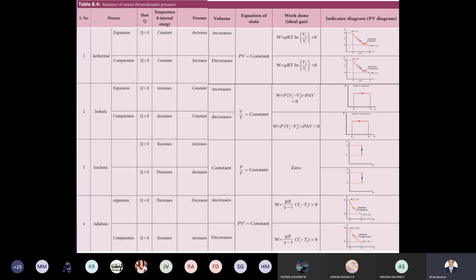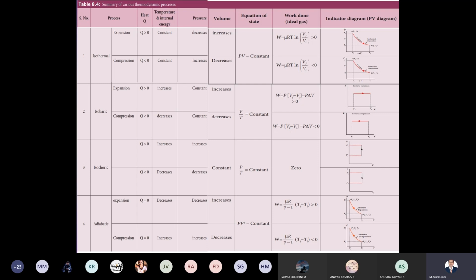Pressure is a property, volume is a property, temperature is a property, density is a property, specific volume is a property, and specific heat capacity is a property. We will look at that later. Likewise, we have lots of properties for a system, but here we are only considering these three properties for an isothermal system.